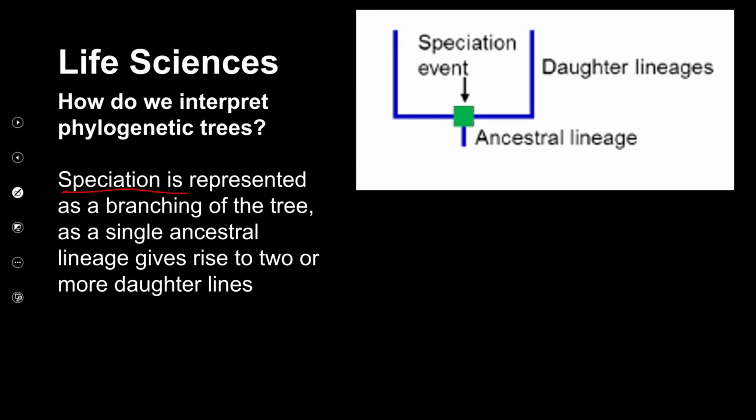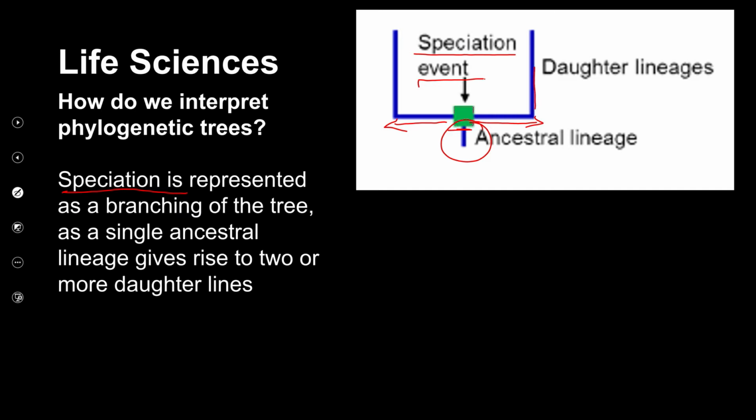So here's our ancestral lineage, so that's the ancestor, and then something happens here, and we call that a speciation event. And that speciation event caused, for some reason, this ancestral lineage to be split into two groups, either by a geographic barrier or some kind of reproductive isolating mechanism, and that caused two new daughter lineages.